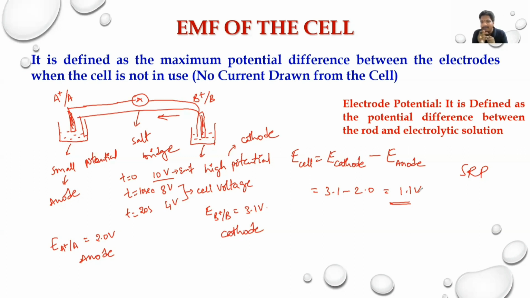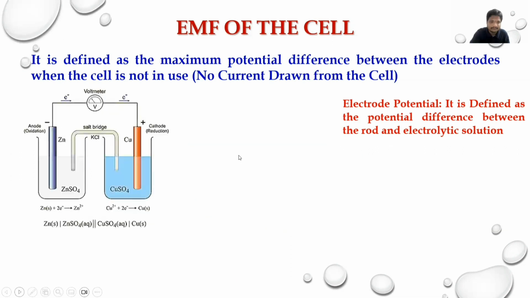It is measured with the help of the standard hydrogen electrode, which has an electrode potential of 0. Now let us consider this galvanic cell.